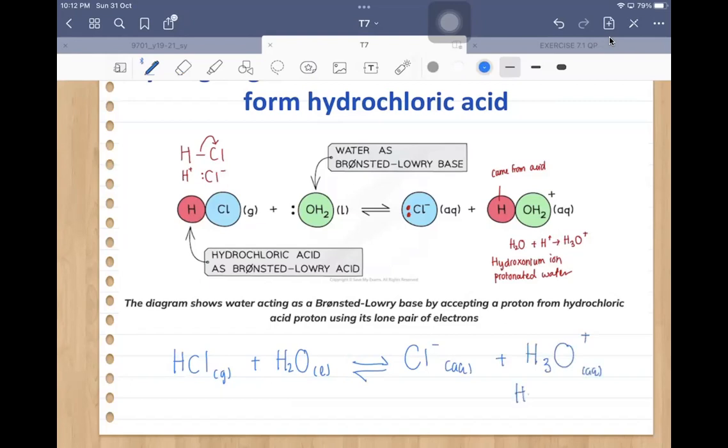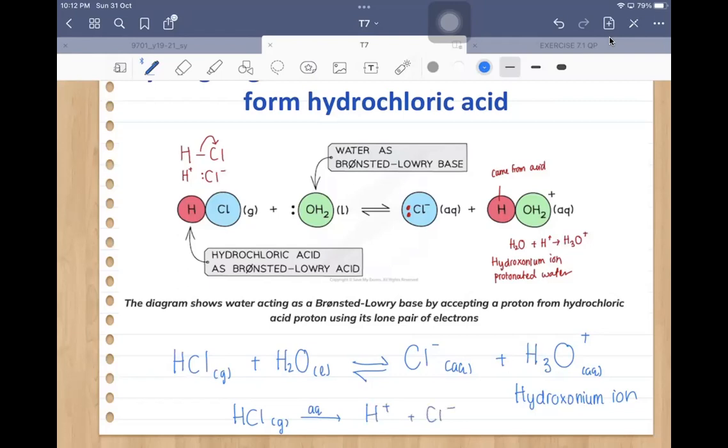And this is called a hydroxonium ion, right? This is the equivalent of writing HCl gas, when we dissolve it in aqueous, now becomes H plus and Cl minus.